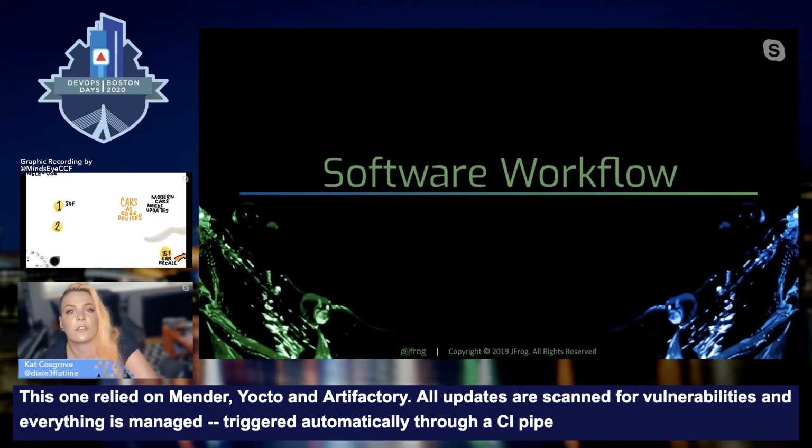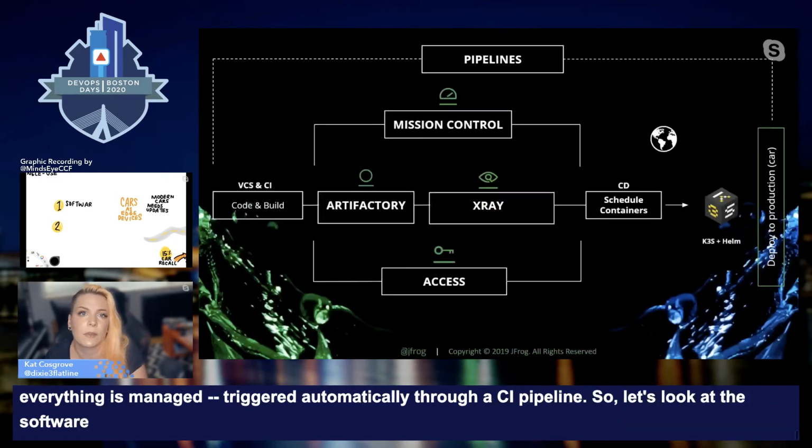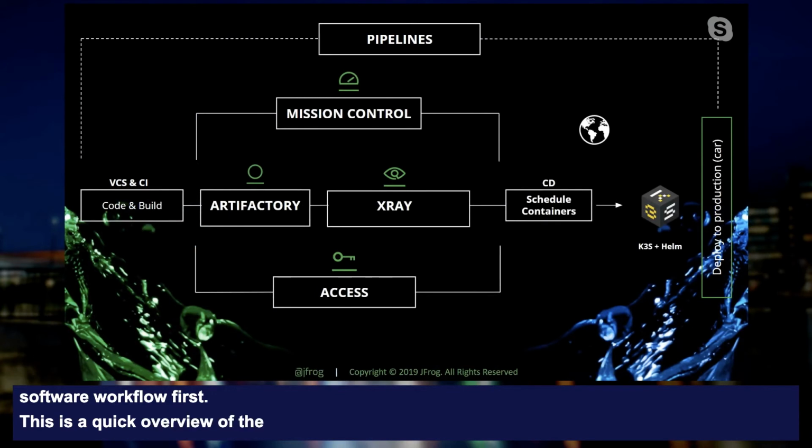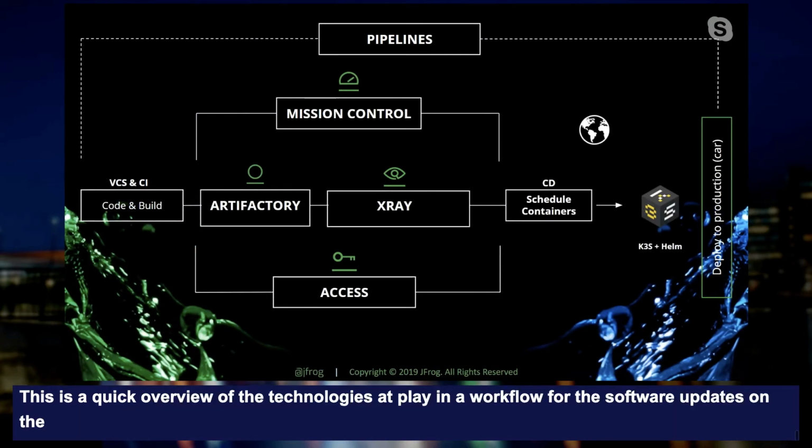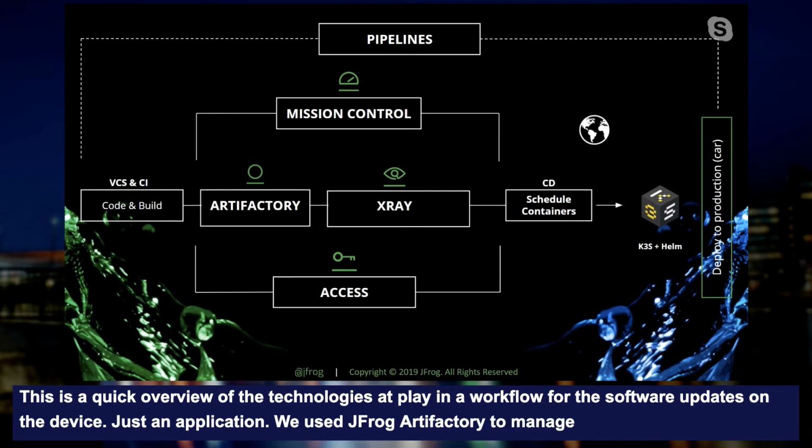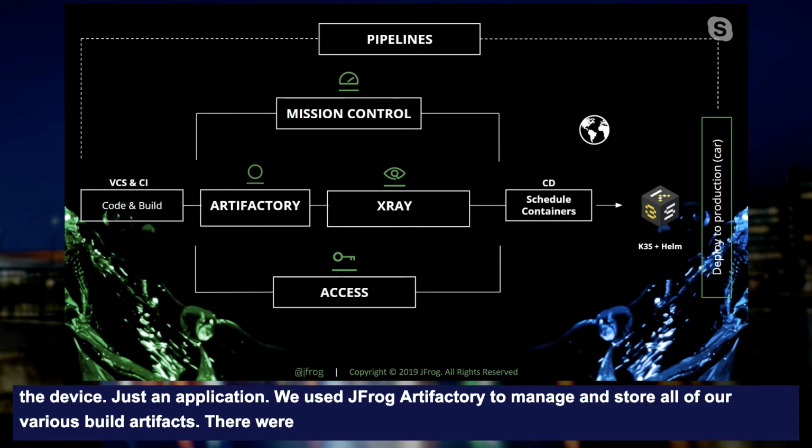So let's look at the software workflow first. This is a quick overview of the technologies at play in a workflow for the software updates on the device, just an application. We used JFrog Artifactory to manage and store all of our various build artifacts. There were a lot of them, as well as handle promoting builds from development to production.